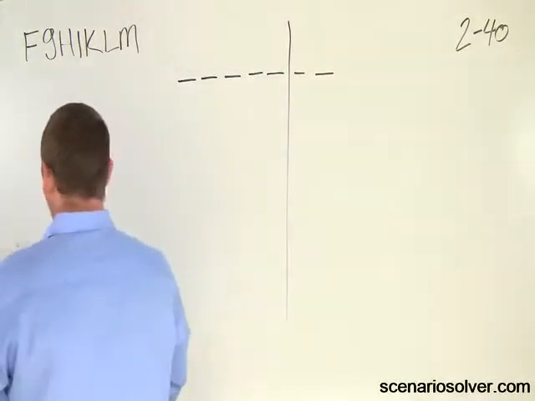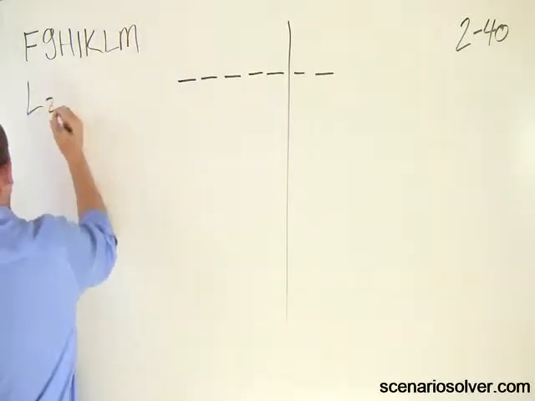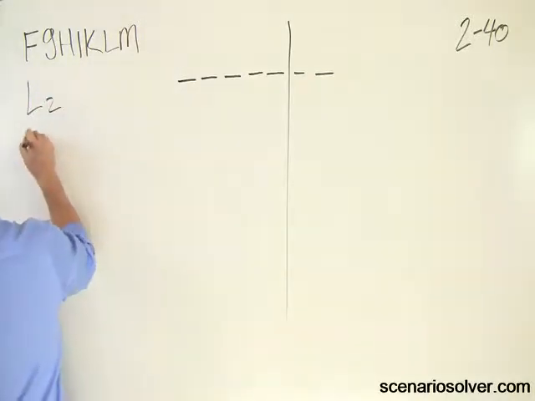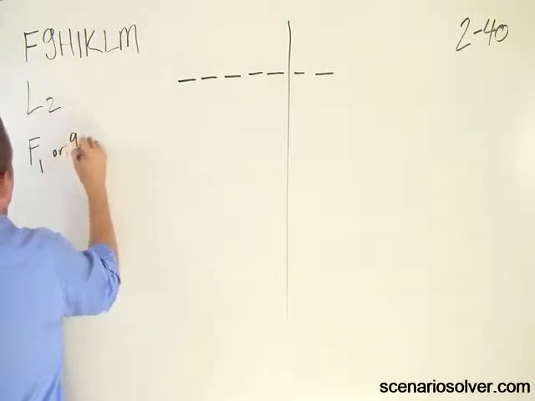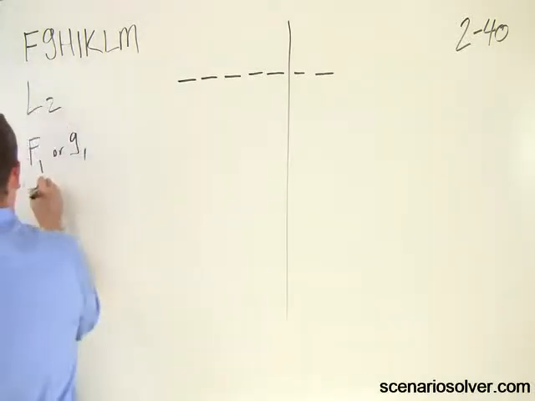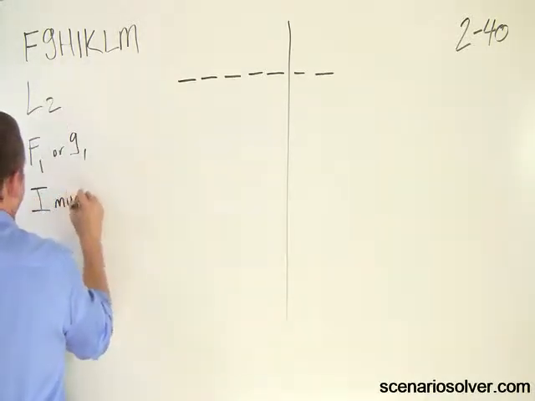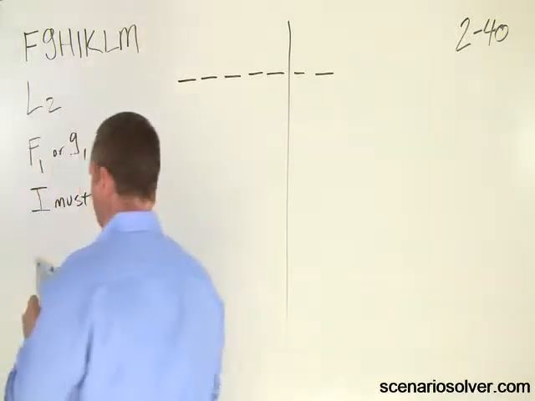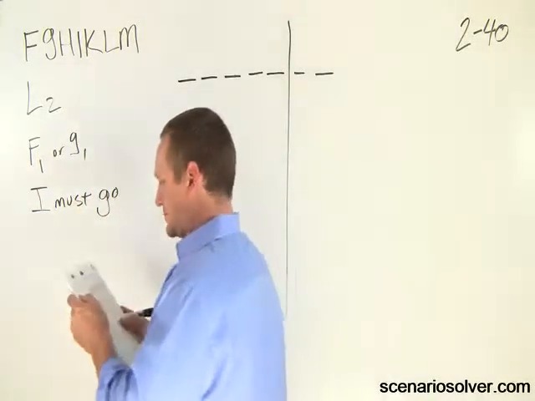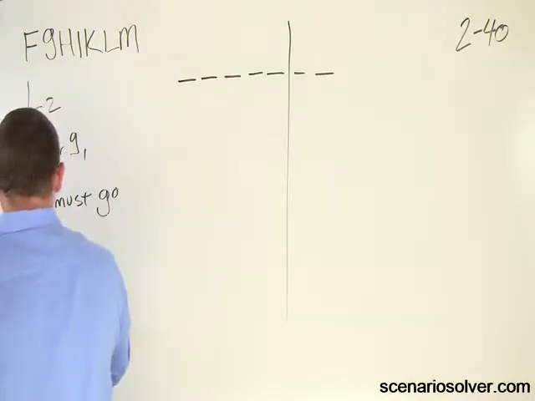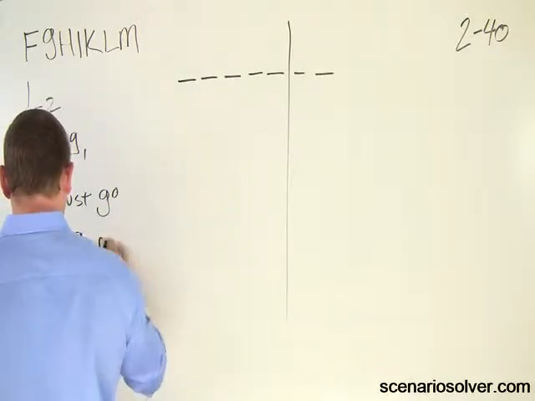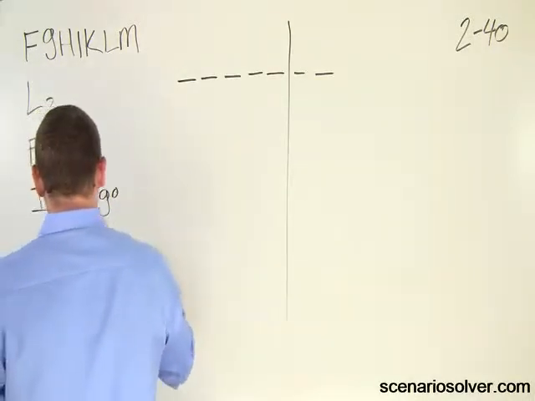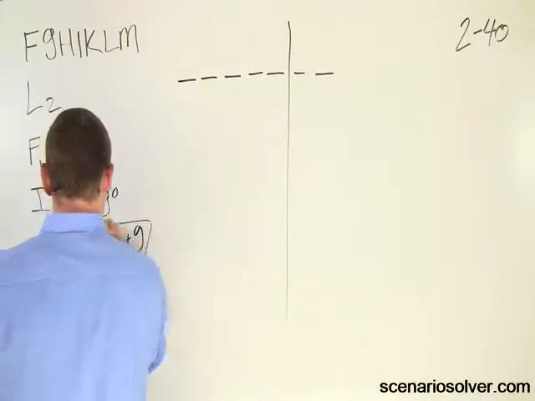Okay, the following conditions apply. L is second. F is first, or G is first. I must be tested. H is before G if we have H and G tested.